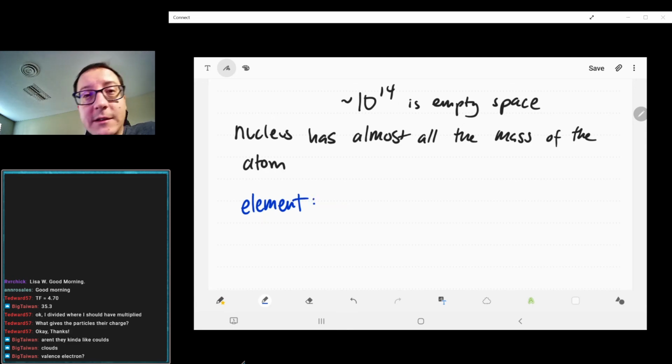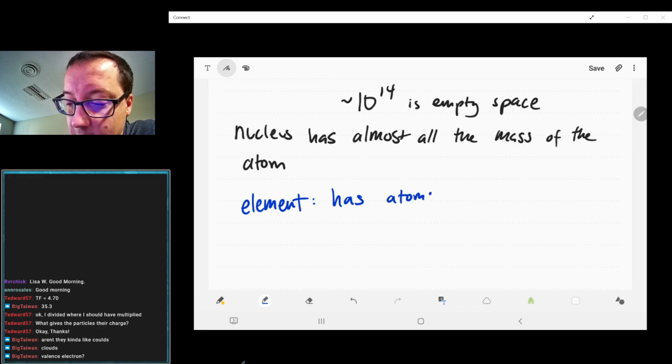An element is defined as something that has atoms of the same type.